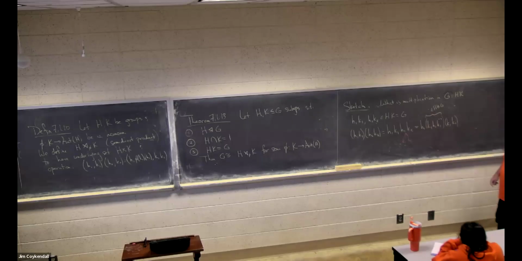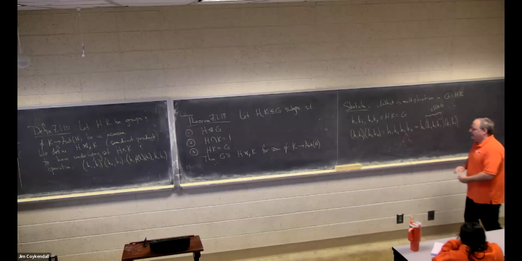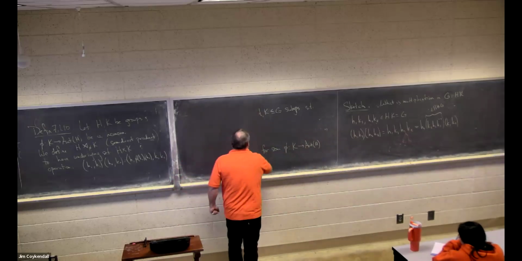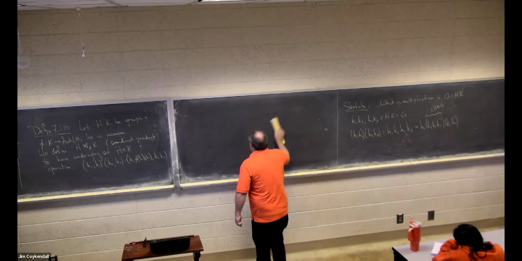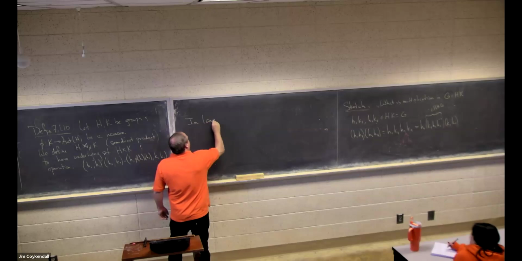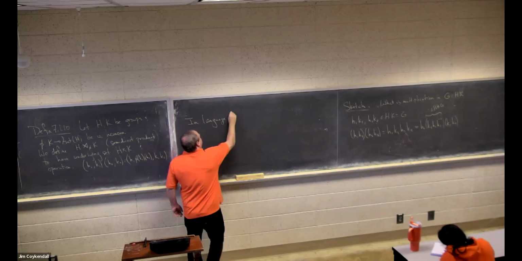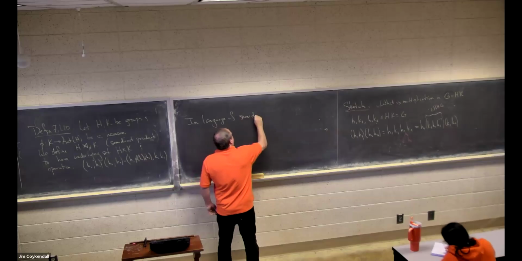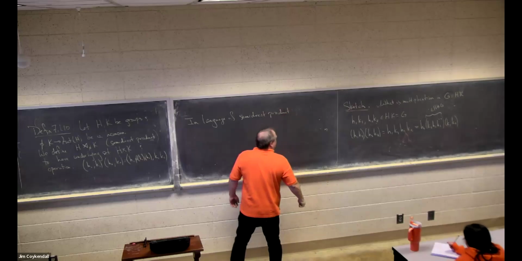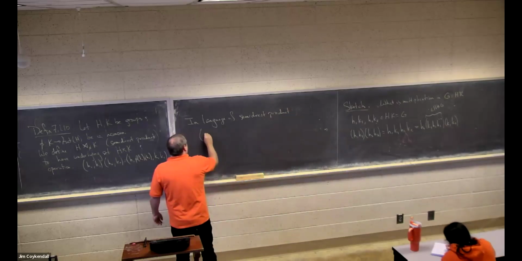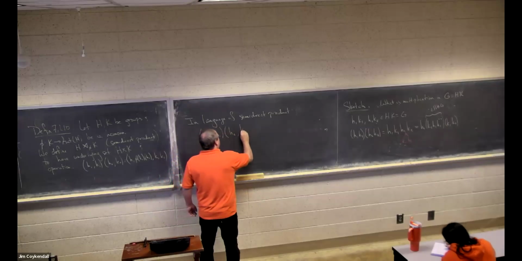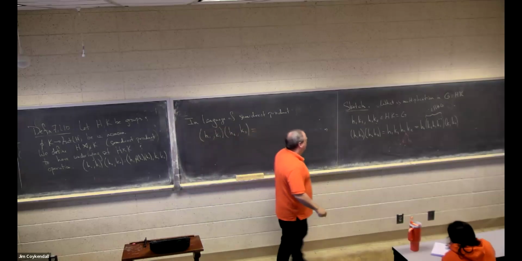Now, can somebody connect this with what's supposed to happen in the semi-direct product? In the language of semi-direct product, what I have here is (H1, K1)(H2, K2).